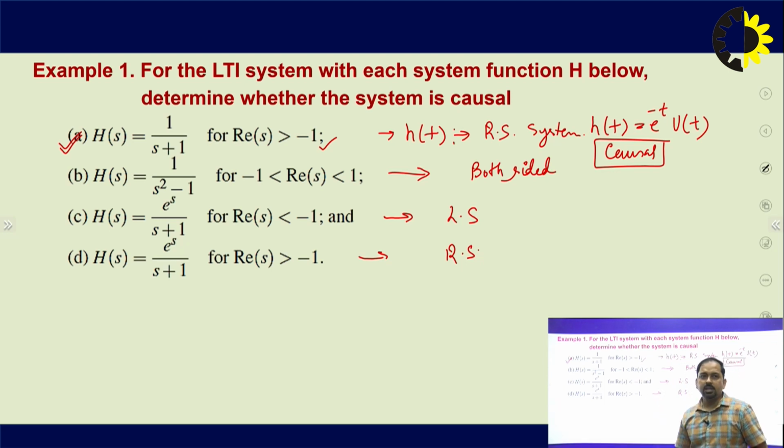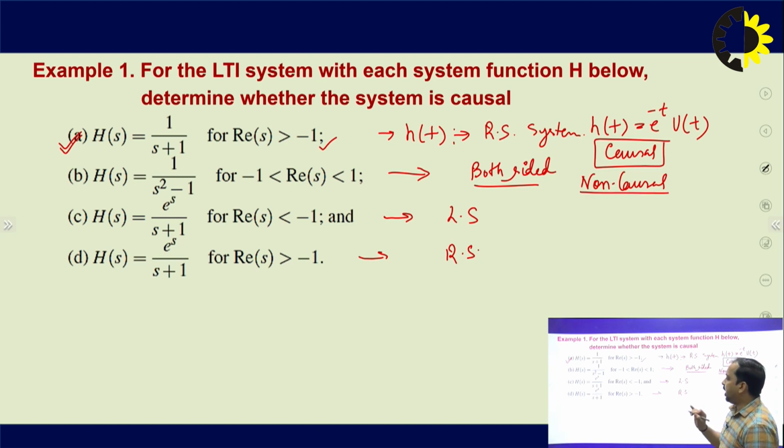For the second one, we can recall it is something like e raised to power minus a mod t. It is both sided, and if it is both sided, the impulse response h(t) is non-causal. Next, 1 by s plus 1 with real part of s less than minus 1.